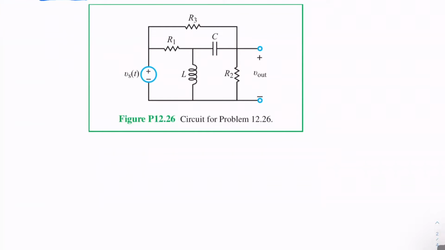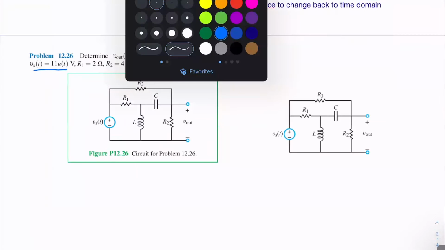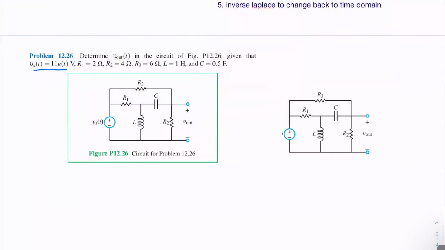So the circuit, I'm going to redraw that, and that's going to change your input to be 0. So V is going to equal 0. This is going to be a wire. We're going to look for IL, and then this is going to be an open, and then we're going to look for VC. So both initial conditions will be 0.